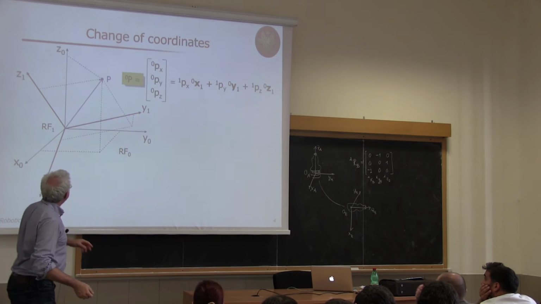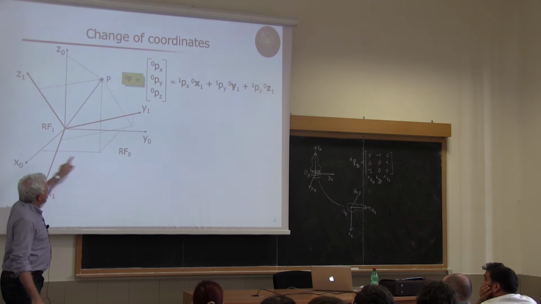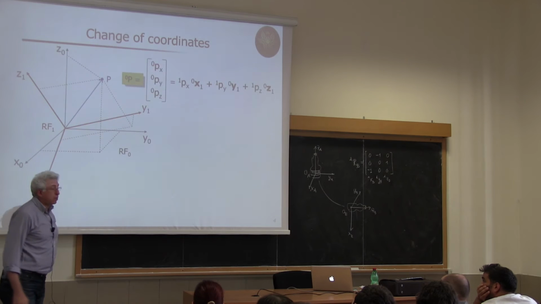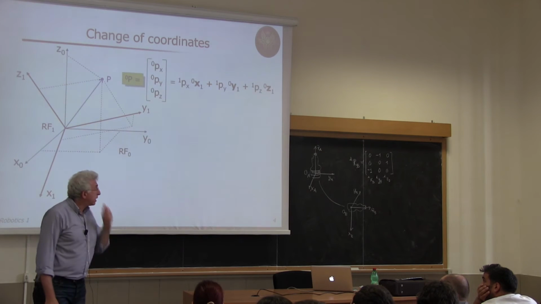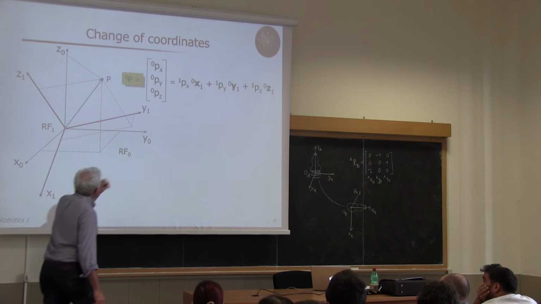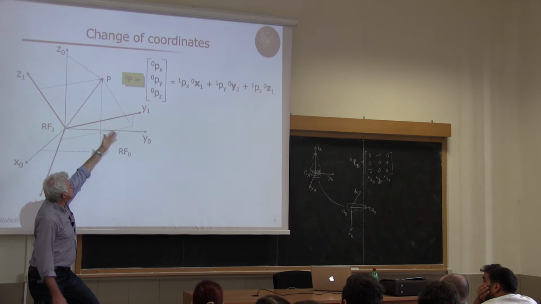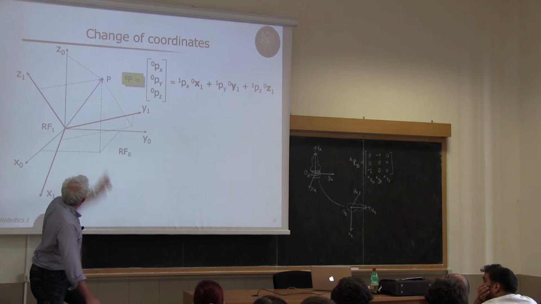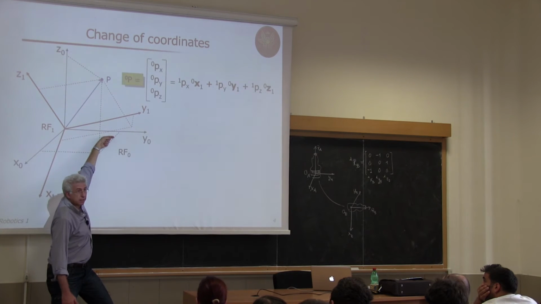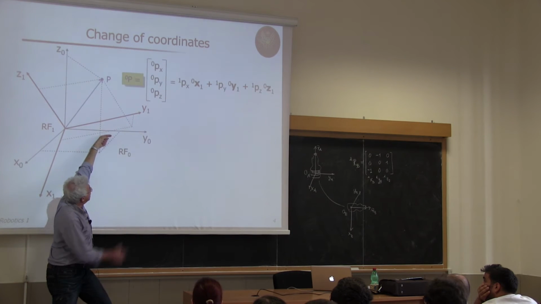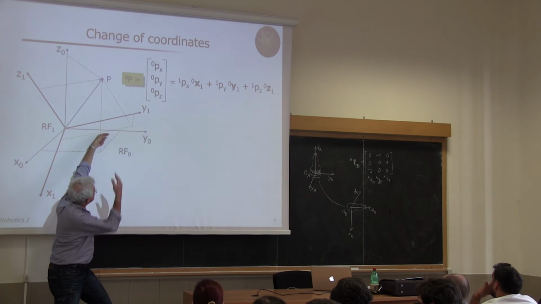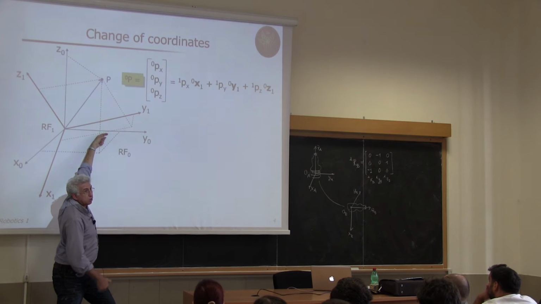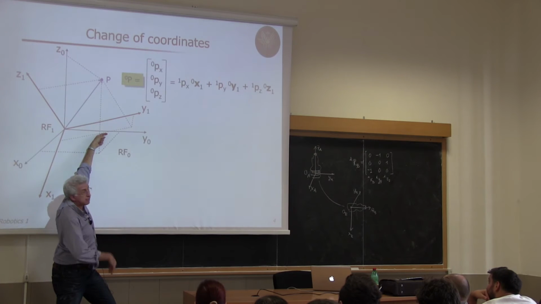Expressed in frame 0, with axes x0, y0, z0, it is given by 3 numbers, which we call px0, py0, pz0. For instance, if this vector was aligned with y, its numbers would be 0, some value which is the length of this vector, and then 0 again.